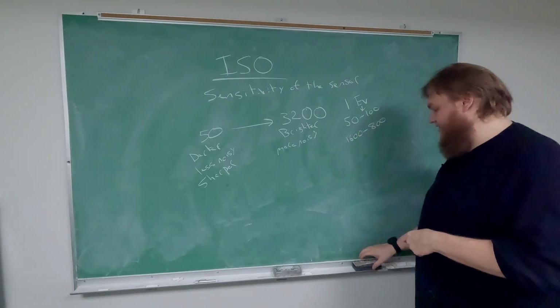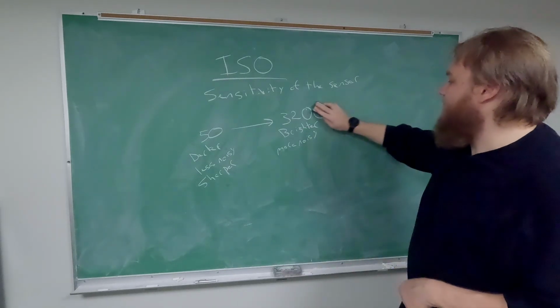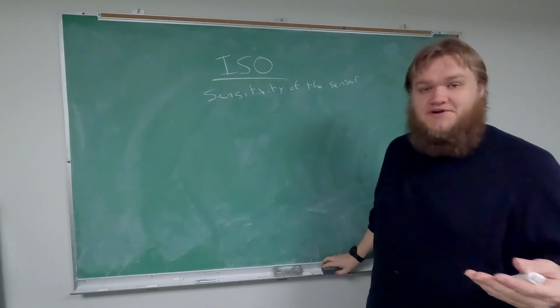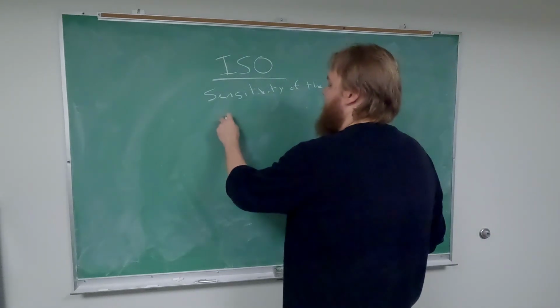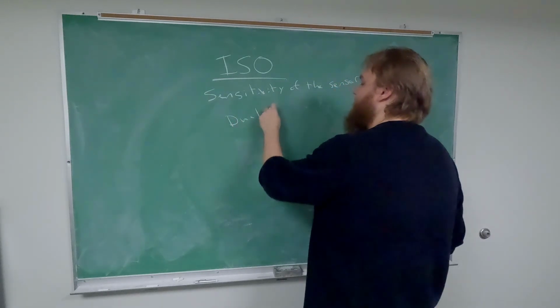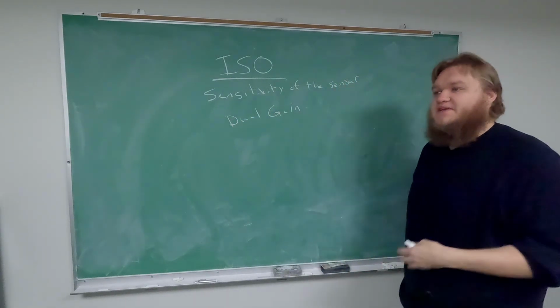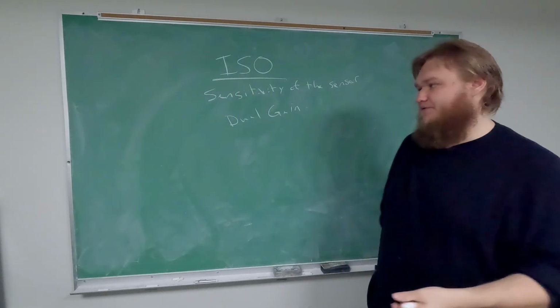Now, there is one thing that's a quirk of modern digital cameras that I should mention. If you're just wondering what ISO does, we've covered it. But here's the last little bit: modern sensors are what are called dual gain. What this means is there are different ways of increasing the sensitivity.